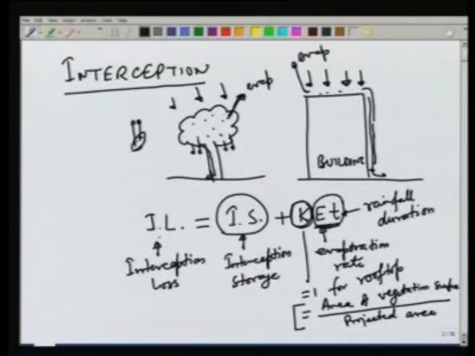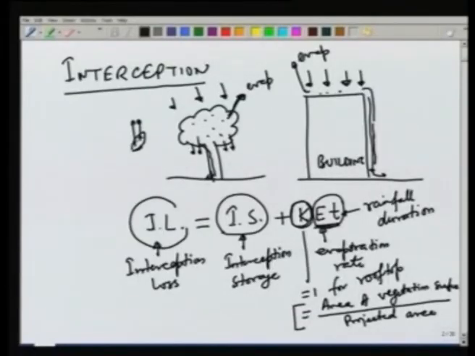So, this gives us the entire interception loss from a structure or vegetation, and this typically is about 10 to 20% of the rainfall or precipitation. If we have vegetated area, then it is typically 10 to 20%, but sometimes if you have very dense forests, it may be more than 25%.